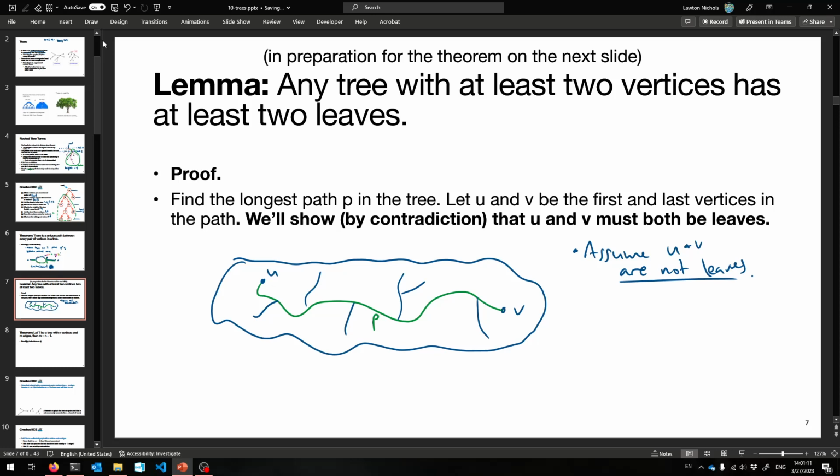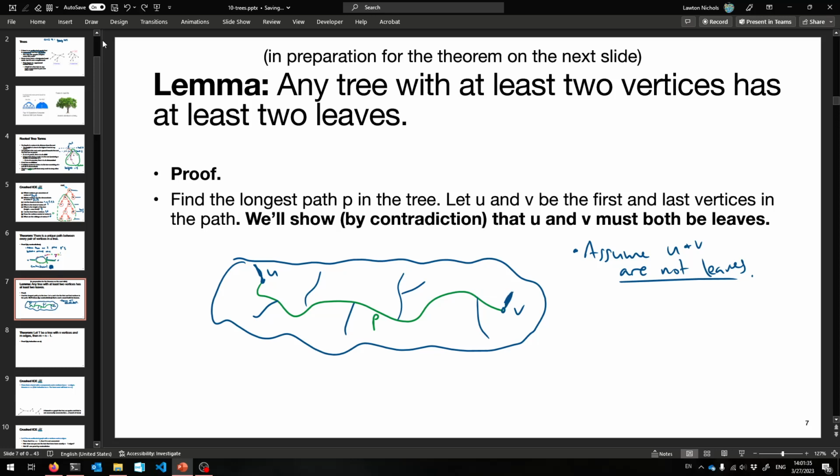Well, assume that they aren't leaves, but okay, if they're not leaves, why don't we just go down towards leaves? Because if U and V aren't leaves, that means we could extend our path a little bit, right? Because there's a leaf over here eventually, maybe at least one away, and there's a leaf over here too. And by definition, leaves don't touch anybody else.